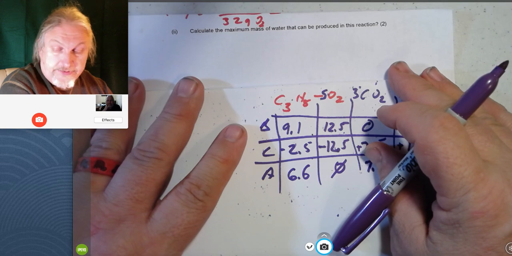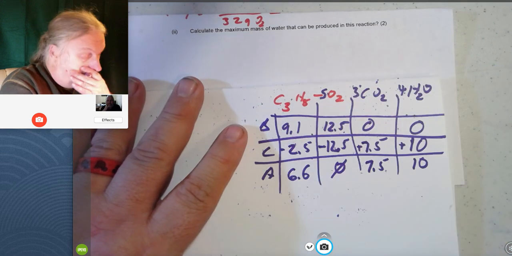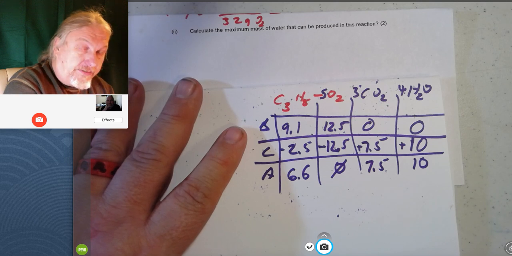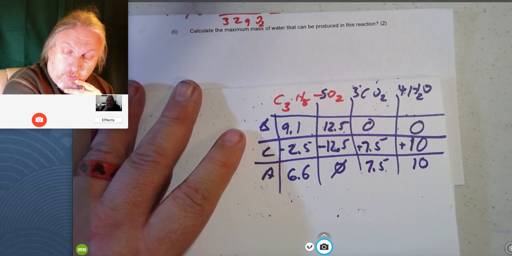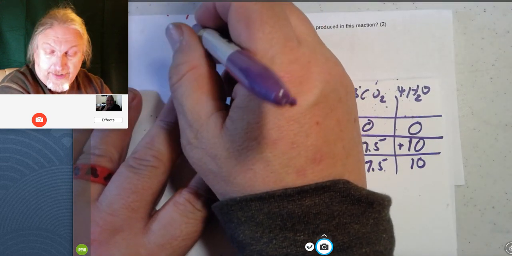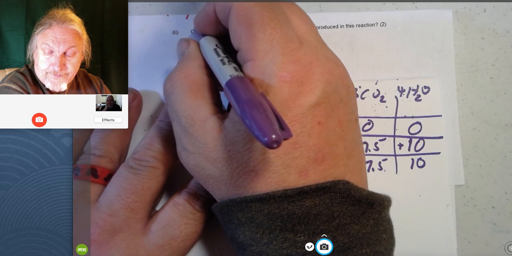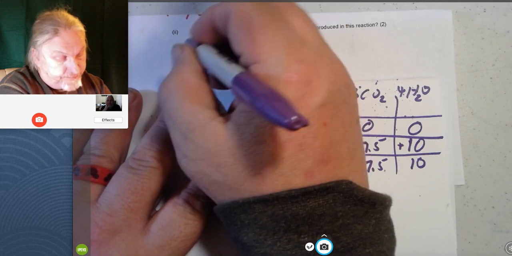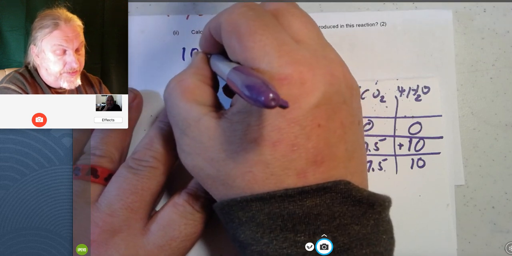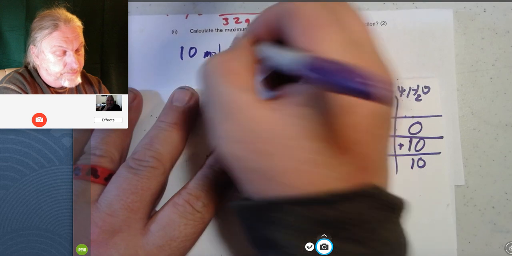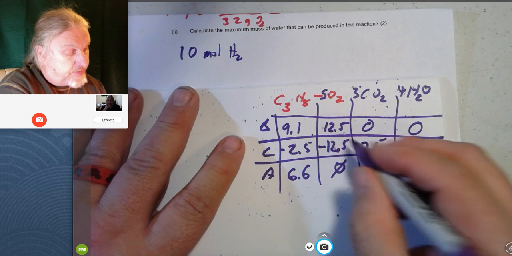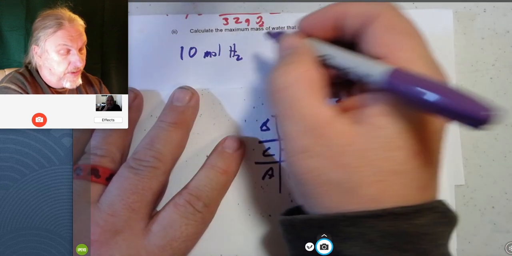But I have 400 grams of oxygen. I've got 10 moles of water because of the BCA table. We had 12.5 moles of oxygen, so if we used all that, we're going to produce 10 moles of water.